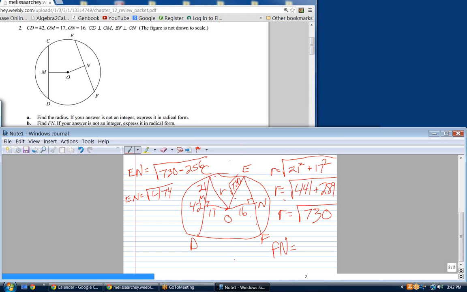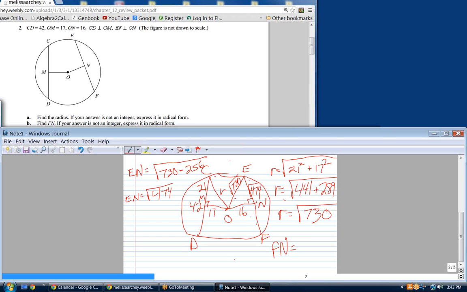It's not divisible by 16, because if it were divisible by 16, it would also have been divisible by 4, necessarily. So we don't really need to check 16. 25, no. 36, possibly, but I don't think so. I'm going to, at this point, guess that the answer is root 474.